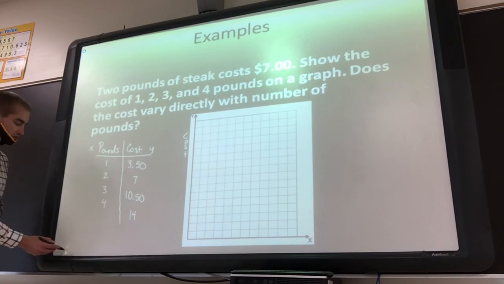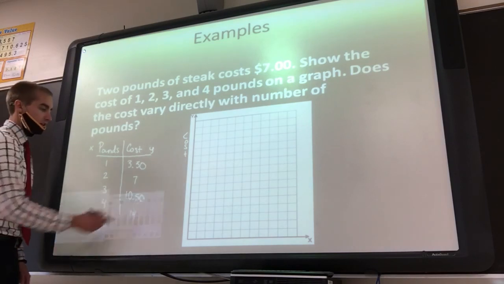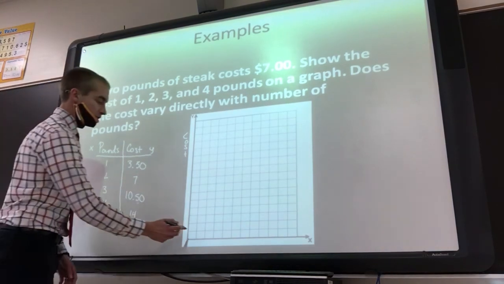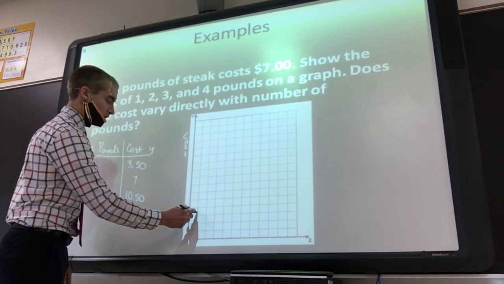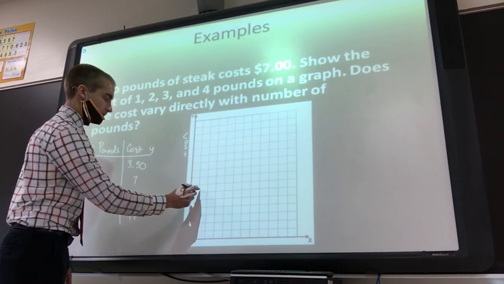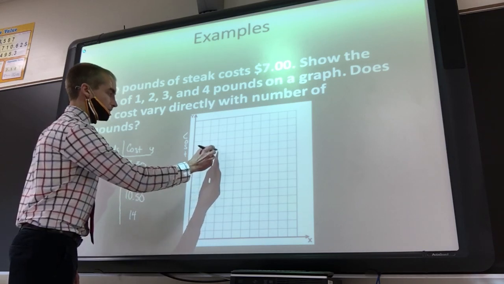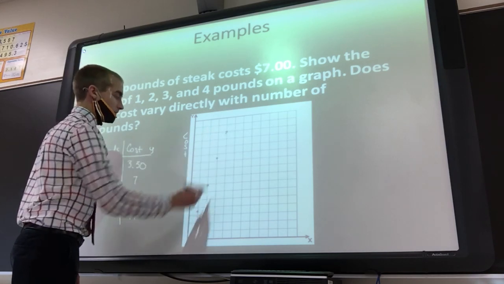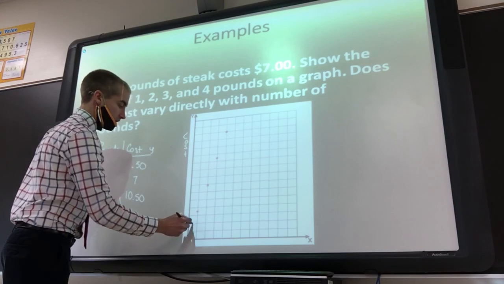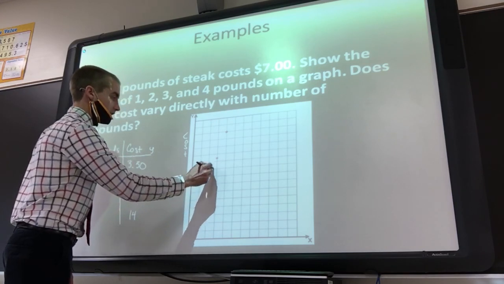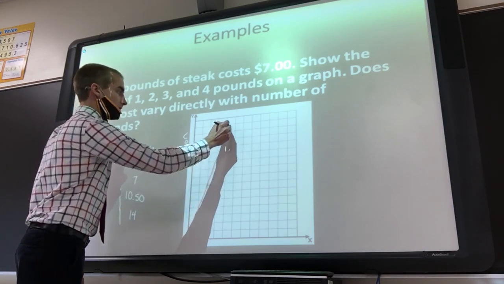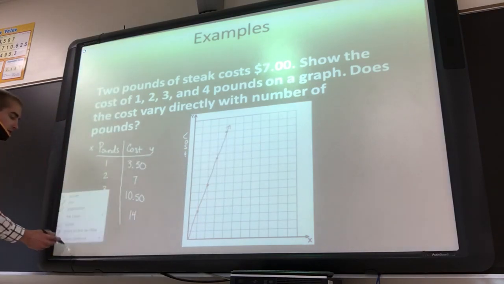Good. So when we graph this, should we get a direct variation or a proportional relationship? We should, yes. Because we get a straight line and it is going to go through the origin. So yes, it will be direct variation.